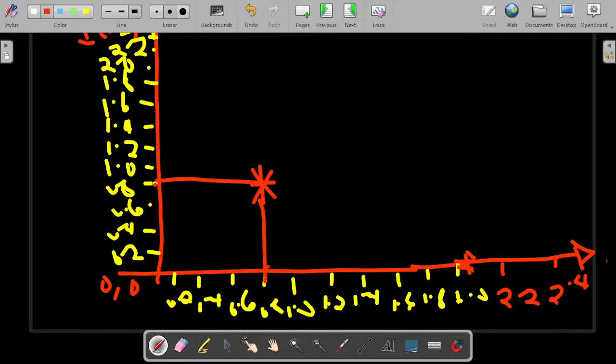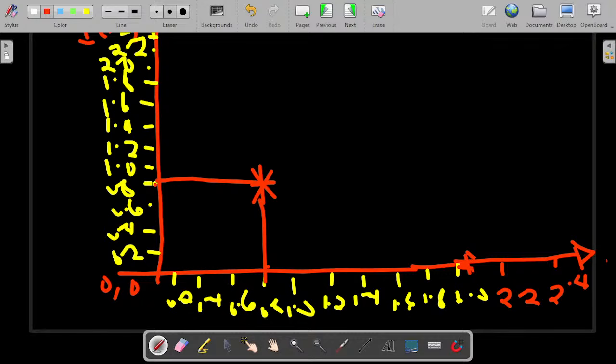After 1.5, what do I say next? 2 and 2.3. So 2 versus 2. At 2, I also come to 2. Then finally, you mark the last one, 2.3 to 2.3. It will be between 2.3 and 2.4.